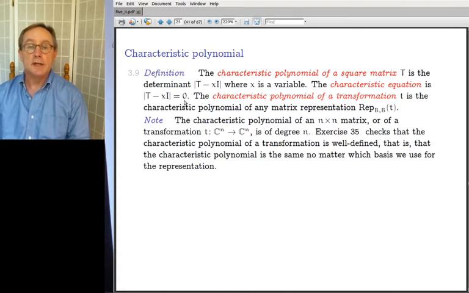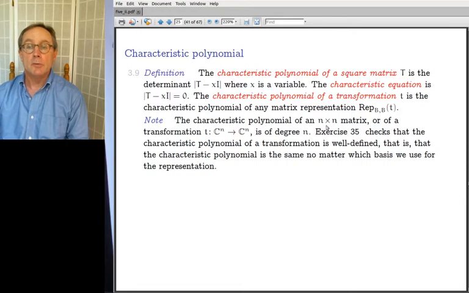The characteristic equation is set at equals 0. And of course, the characteristic polynomial of the transformation T is the characteristic polynomial of any matrix representation. So I've already defined the characteristic polynomial of a matrix, so the characteristic polynomial of a transformation I can define as the characteristic polynomial of any matrix representation.